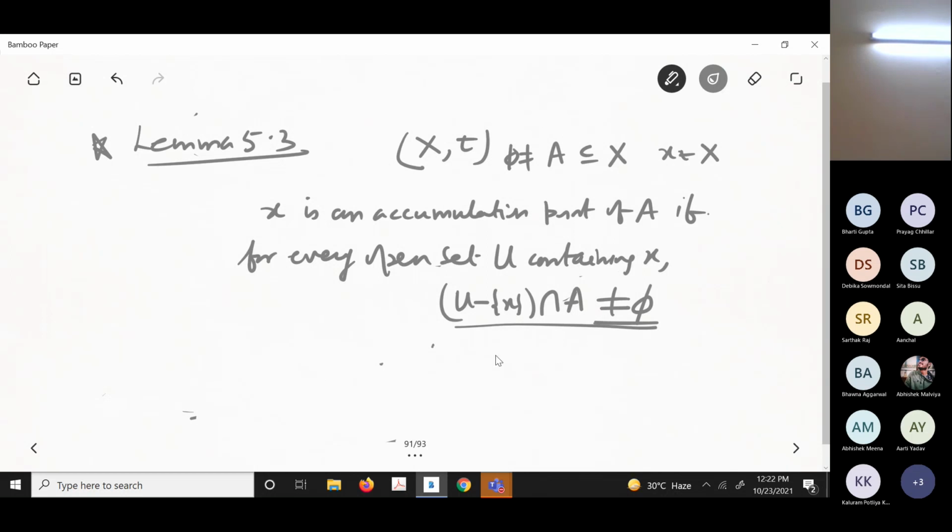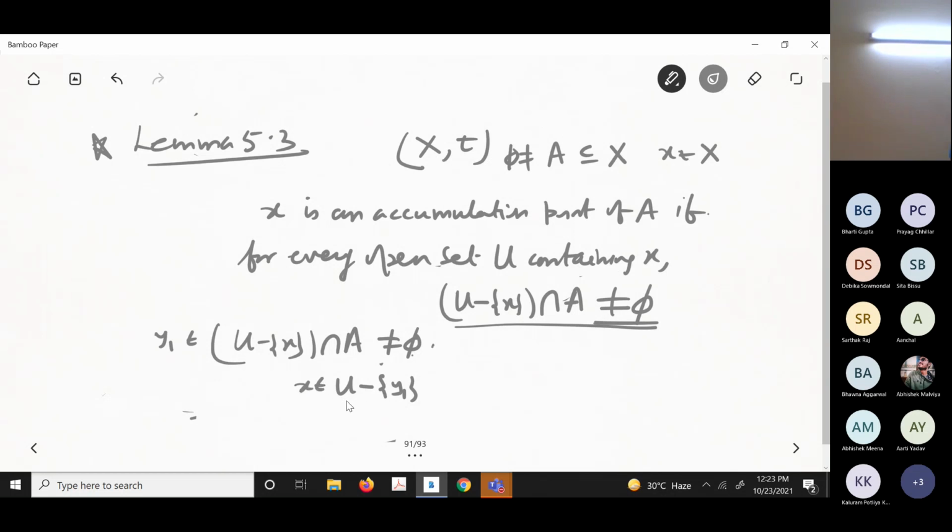Okay, so suppose this is non-empty. By induction, you will have to do it. So you choose y1. Okay, now you take U minus {y1}. Now look, y1 is not equal to x, so x belongs here.